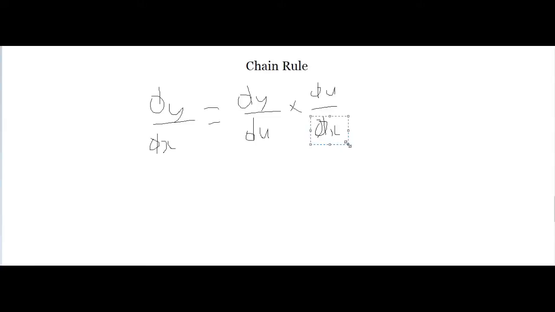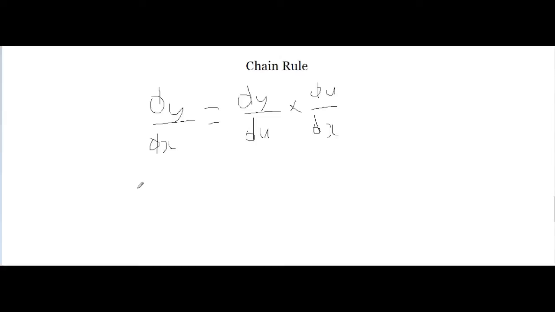We can see this because if we multiply these, the du cancels, and we end up back at dy/dx.